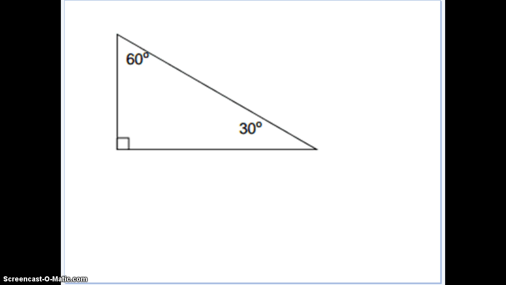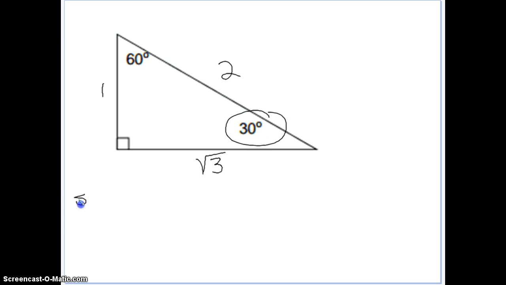Now let's look at a 30-60-90 triangle. With this relationship here, the side opposite 30, the shorter leg, is going to be 1, so that means the side opposite 60 is going to be that times the square root of 3, so 1 times the square root of 3. And remember that the hypotenuse is always double the shorter leg.